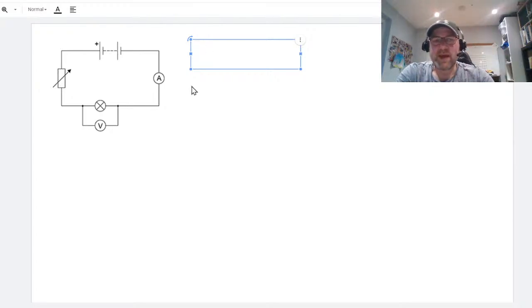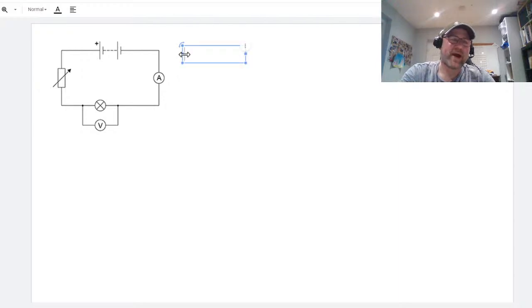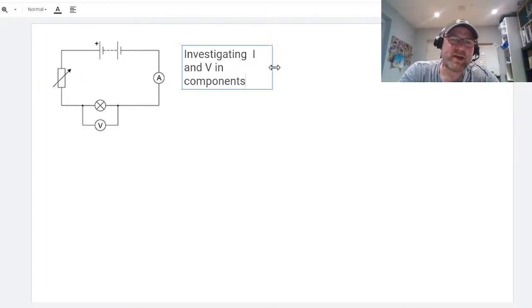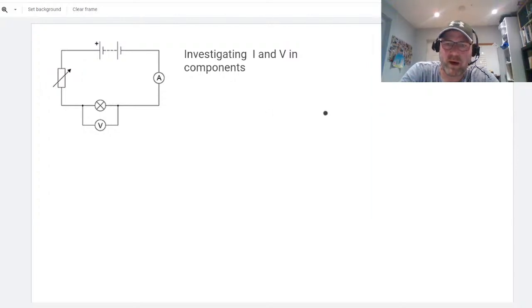So here, for this practical, this is really investigating current and voltage in different components, and there's 3 that you have to know off by heart.